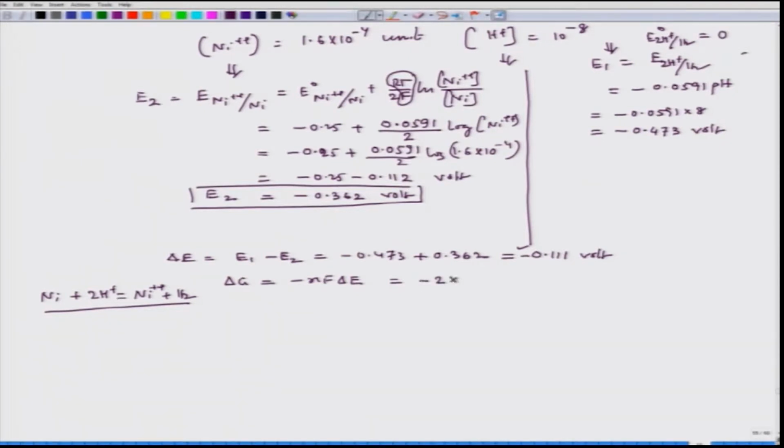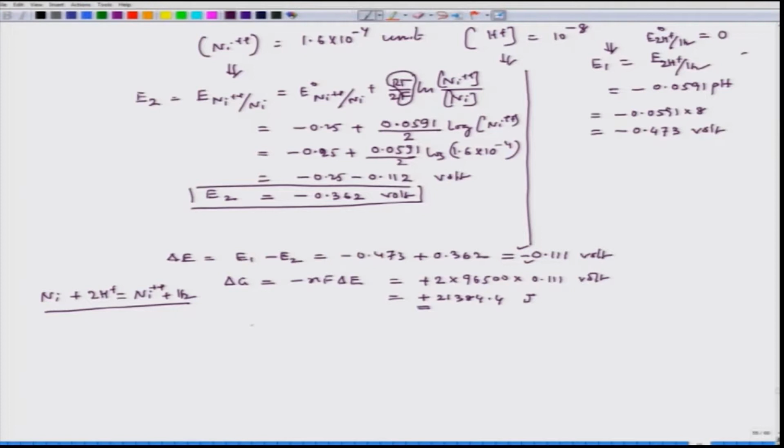So, 2 into 96500 into 0.111 volt, and since there is a minus sign here, it becomes plus 21384.4 joule. And remember, this is a plus sign.